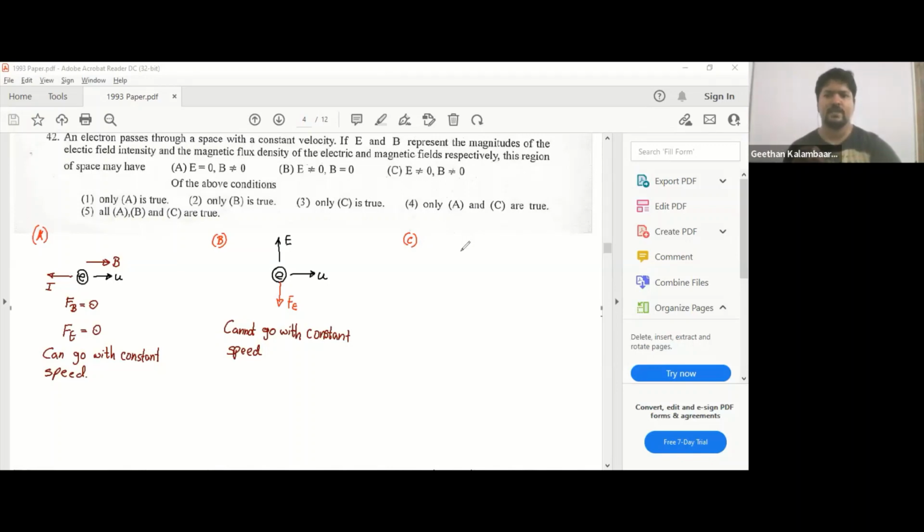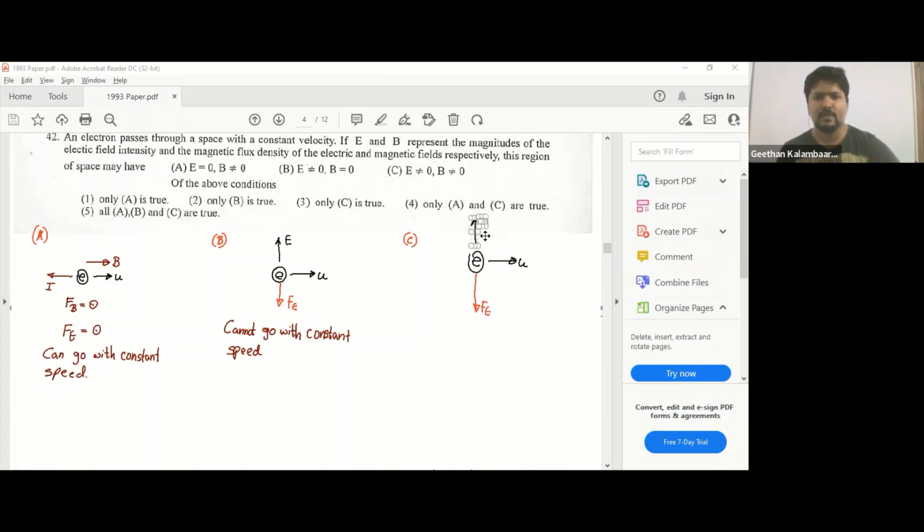When the electric field is not 0, but the magnetic field is also not 0, both electric and magnetic fields have values. Let's see. There is an electric field towards the upward direction, let's say. Then you know for sure there is an electric force towards the downward direction.